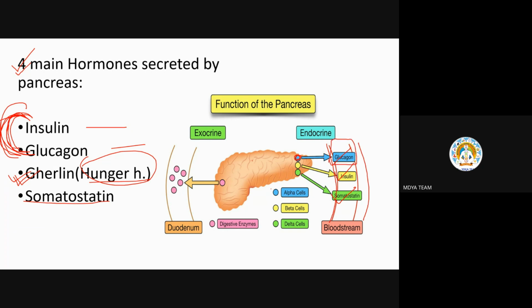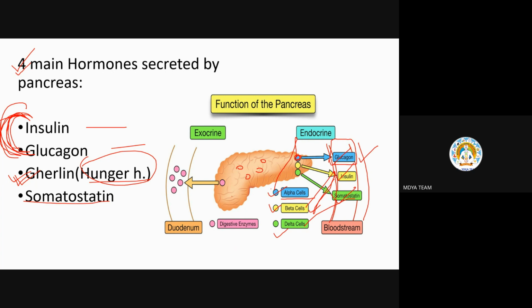Our pancreas has different cells: alpha cells, beta cells, and delta cells. Alpha and beta cells are the most important for today's class. Alpha cells release glucagon, the blue color indication. Beta cells release insulin. Delta cells release somatostatin, not required.